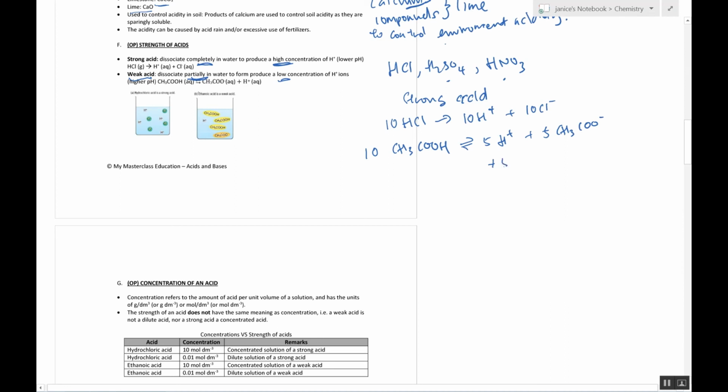You will also have 5 CH3COOH that remain as molecules. They don't dissociate, that's why you have low H+. This is your weak acid. Picture-wise, in your strong acid, all the molecules dissociate, but in your weak acid, some haven't dissociated. These two have already separated out, these two dissociated.